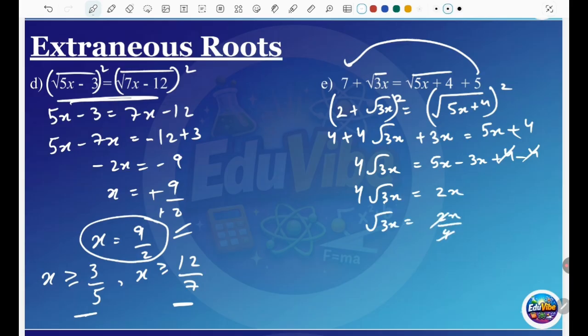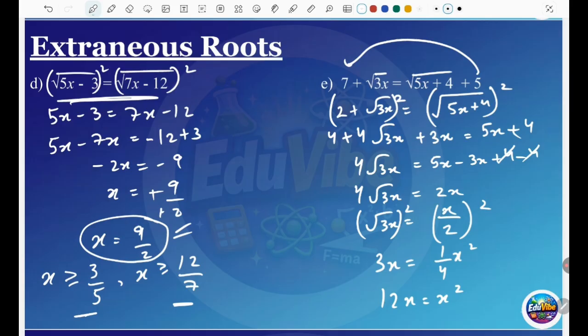This cuts out and you're left with only x upon 2. Now squaring on both sides, you will get 3x is equal to 1 by 4 x squared. So 4 goes over there, which is 3x into 4, which is 12x, is equal to x squared.